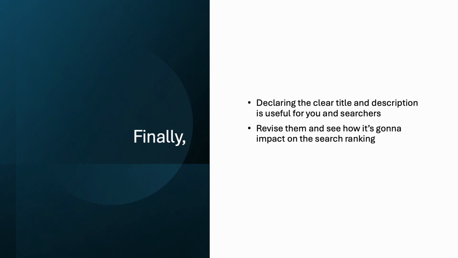And finally, declaring a clear title and description is pretty useful for you and also the searchers, especially when you put a public web page on the web, such as on the Google search engine. You should think about the searcher's intent, how they're going to search for your website by typing specific terminologies, and also try to revise them if you don't have specific and clear content in your title and description, and see how it impacts your search ranking.